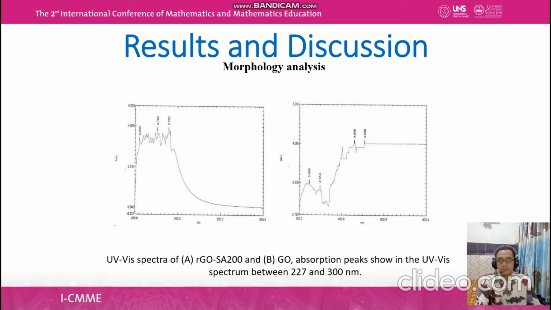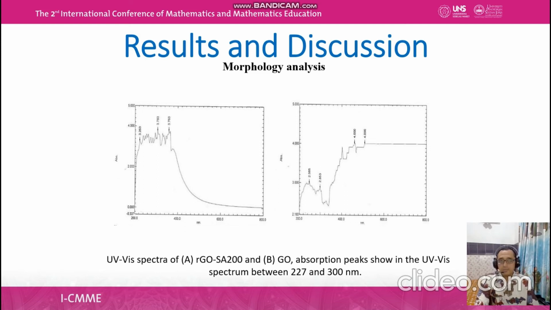Graphene oxide showed an absorption peak at 227 nanometer, which was shifted to 276 nanometer for reduced graphene oxide. This shift is mainly due to a change in the electronic configuration of graphene oxide during the reduction process.